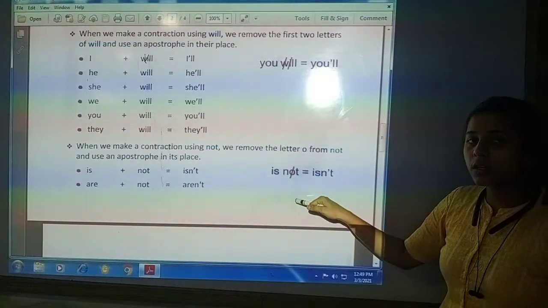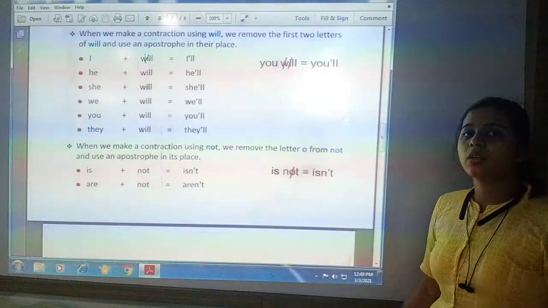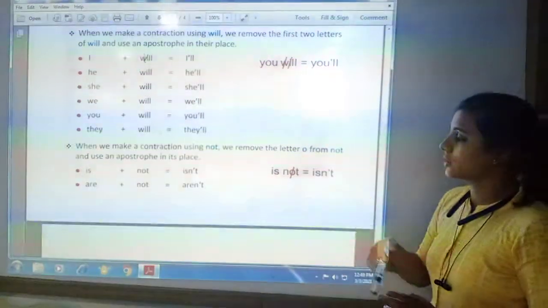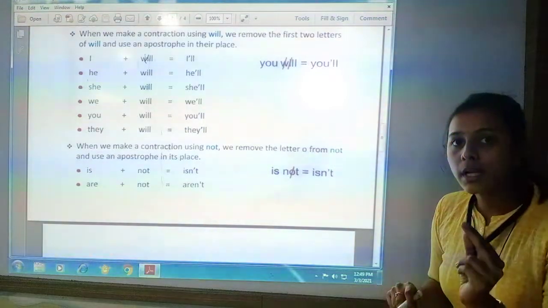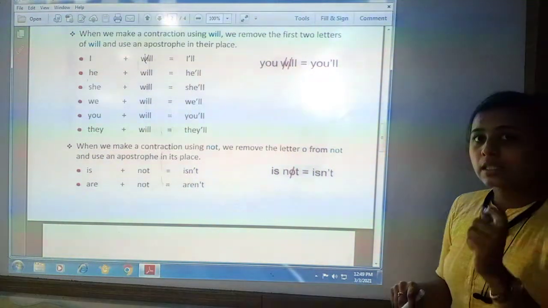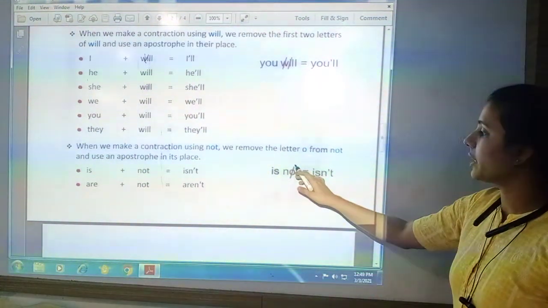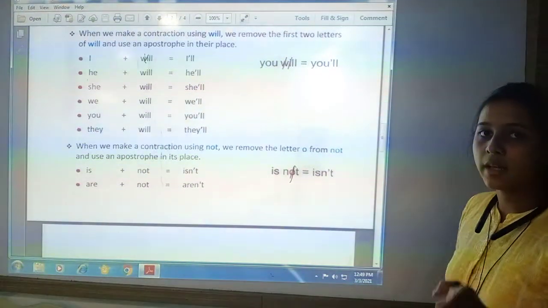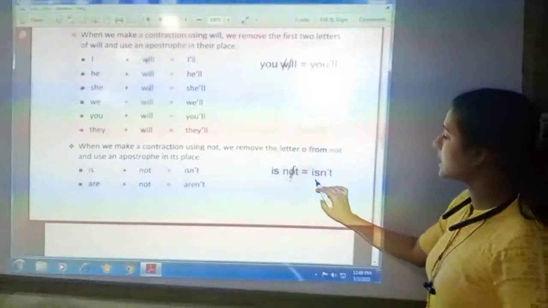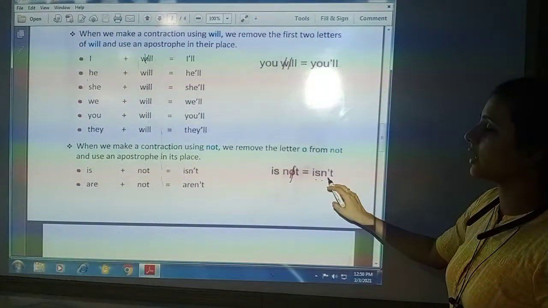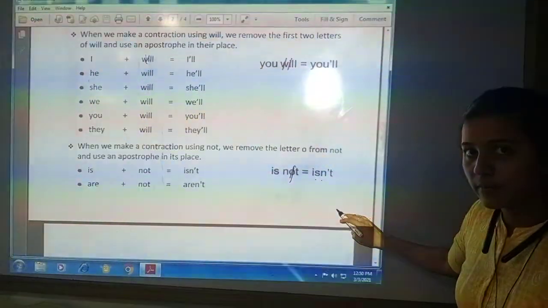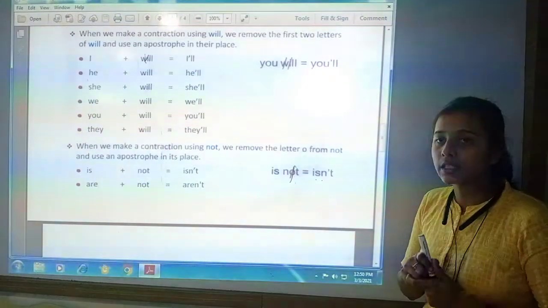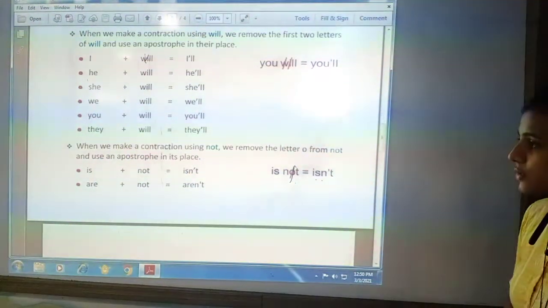While doing contraction, we will combine is and not, and in not, the middle letter or the second letter, that is O, will be removed and the contraction will be is and apostrophe T, isn't. So from not you have to remove O, isn't will be the new contraction word.